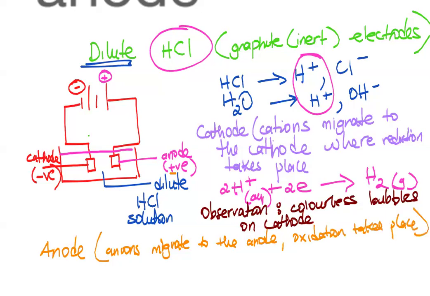So at the anode, these two of them would move towards the anode, but only one could be discharged at a time. So it's either chloride or hydroxide. Based on all that I did with you last week, between chloride and hydroxide, which will be discharged first?